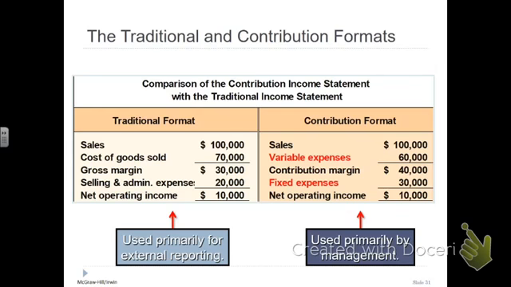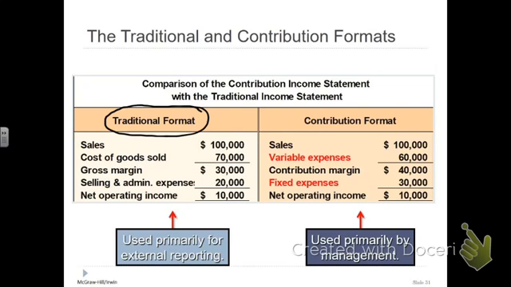For external reporting purposes, you must use what they have here called the traditional format, and this is the type of income statement that we looked at last semester.